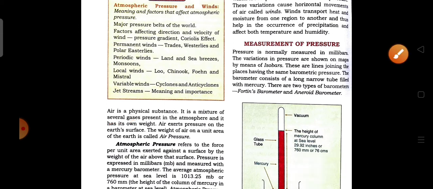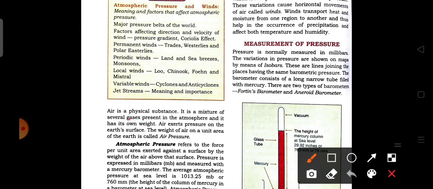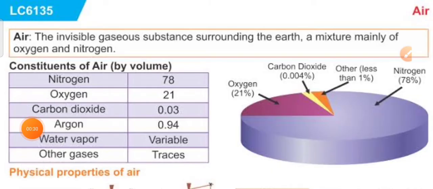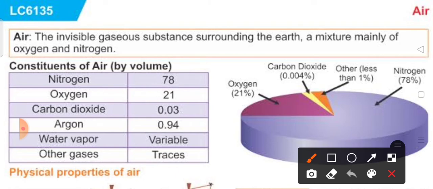So, let's discuss the gases that are present in the atmosphere. Here we can see the constituents of the air: nitrogen, oxygen, carbon dioxide, argon, water vapor, and other gases.